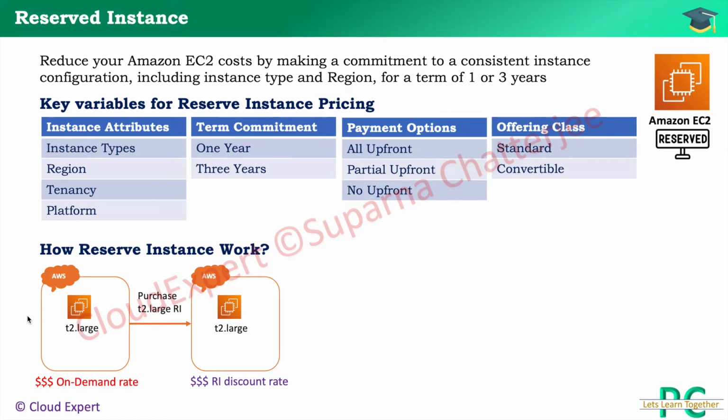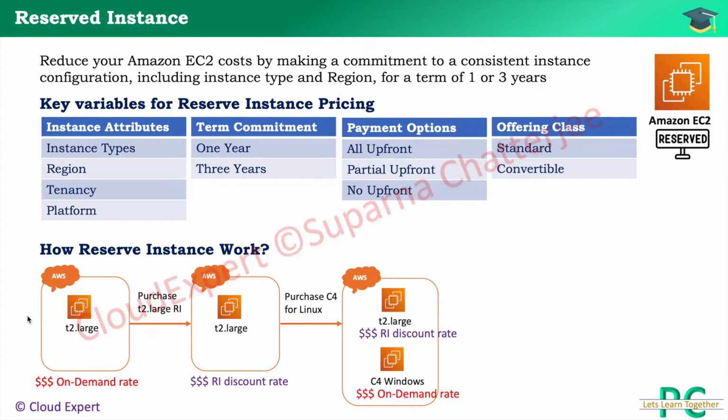Now let's say you have another requirement and you need another EC2 instance. You have purchased a C4 Linux reserved instance, but you have launched a C4 Windows. In that case, for T2 large, you are getting the reserved instance discount, but for C4 Windows you are paying the on-demand rate because your reservation was on C4 Linux.